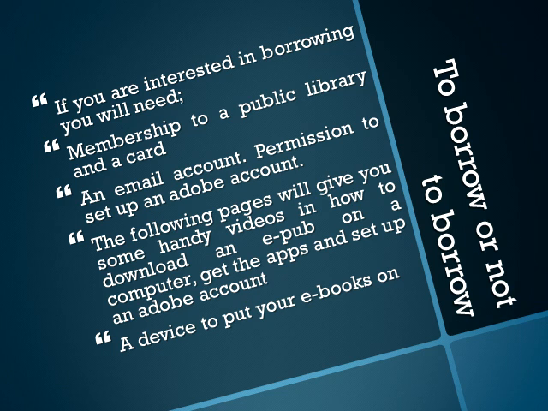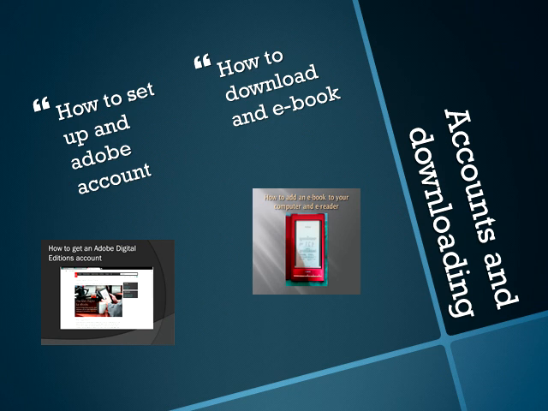The following page will give you some handy videos in how to download an EPUB on a computer, get the apps, and set up an Adobe account. The final thing you're going to need is a device to put your ebooks on. Okay, so I'm going to give you the link to this presentation.